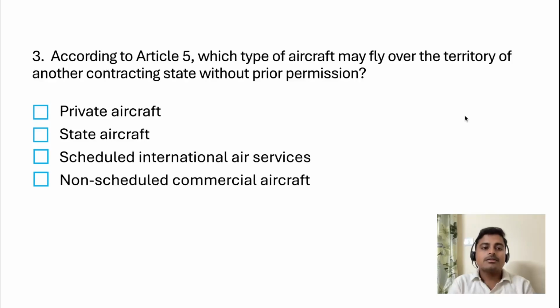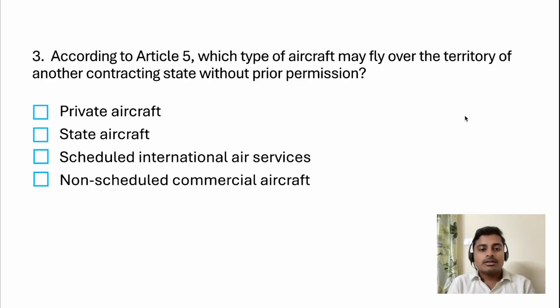Private aircrafts, no, because when private aircrafts are flying across countries, they need to provide a flight plan and get the approval in advance, right? State aircraft, no, because none of the articles in Chicago Convention apply to the state aircrafts. They have their special rules which are not governed under the Chicago Convention, right?